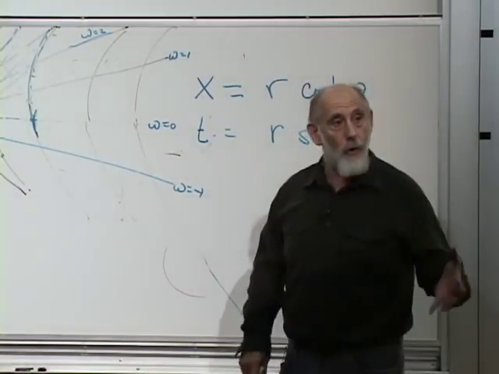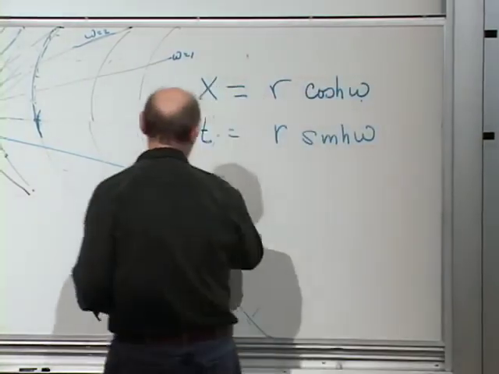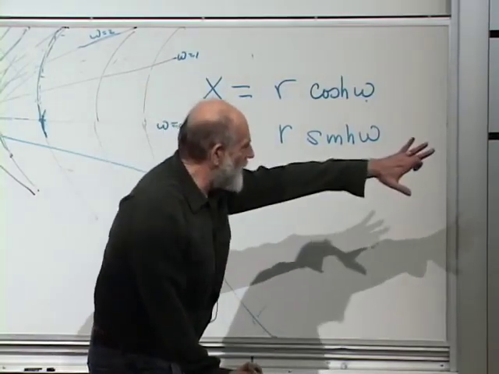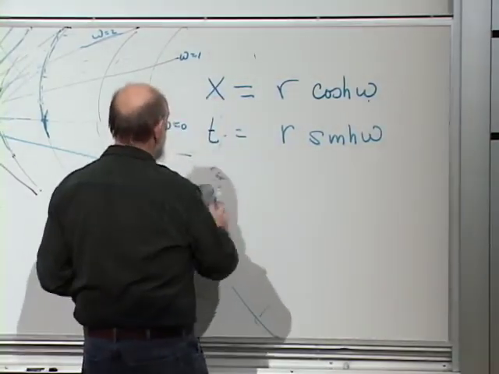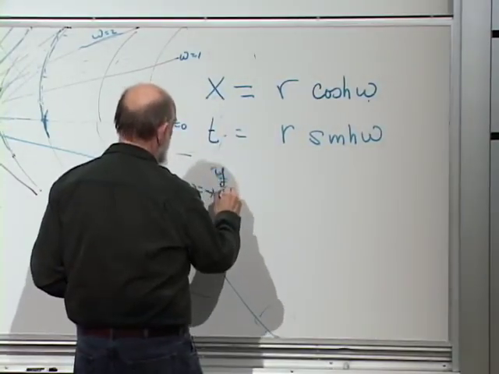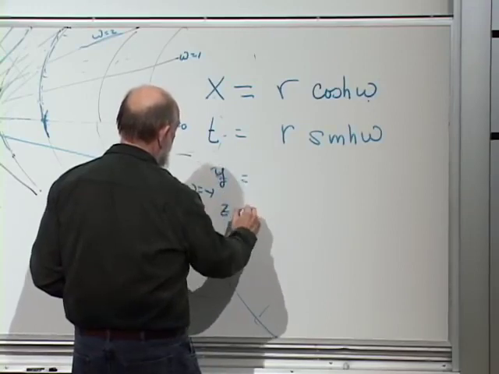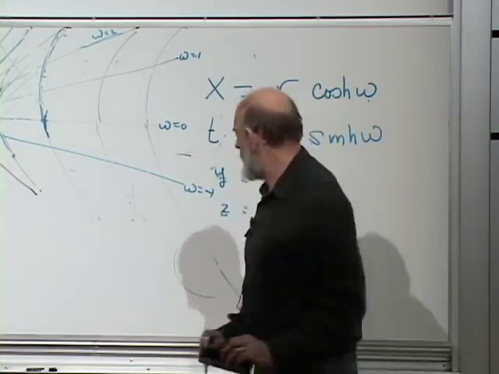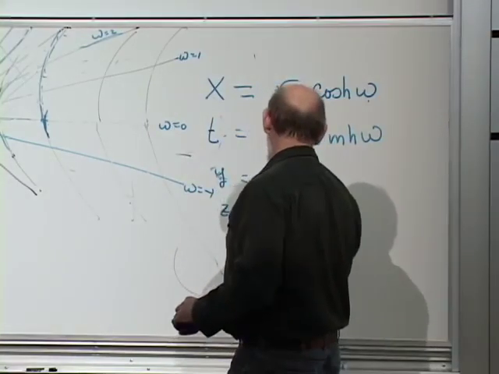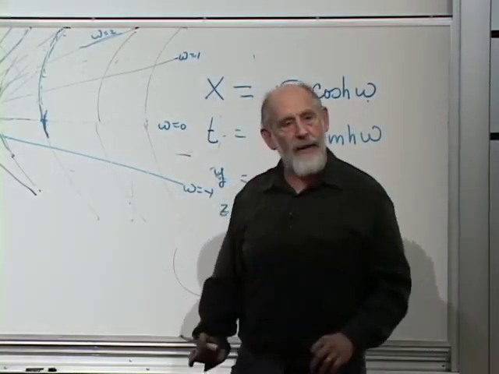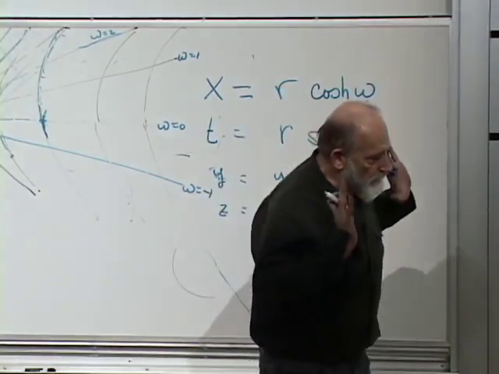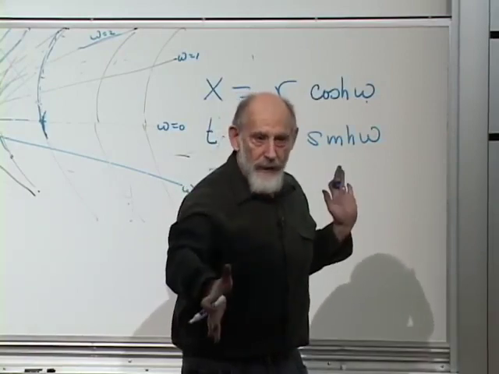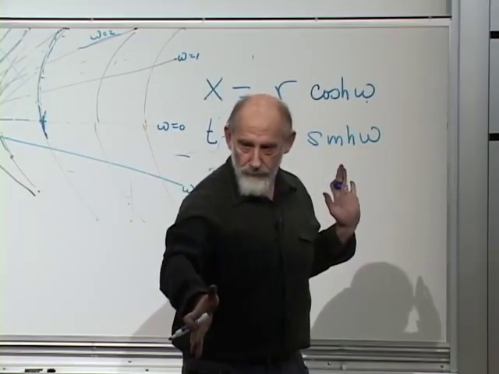And what about the other two coordinates of space? Z and y. Different y, not that y. Just the other two coordinates of space, y and z. What do we do with them? Nothing. That has to do with the fact that if you're Lorentz transformed along a given direction, the perpendicular coordinates don't change.